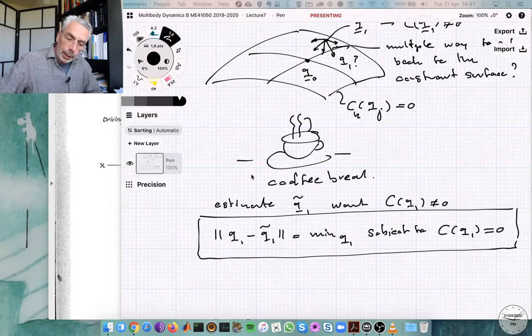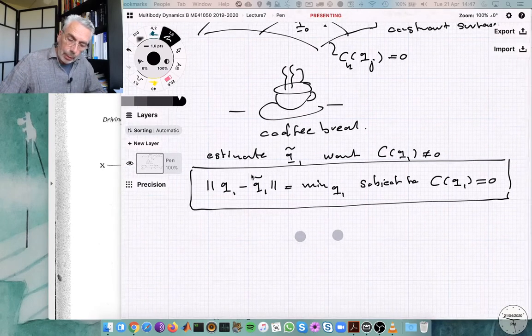Now, if we didn't have this subsidiary condition, then minimizing this distance is of course easy. Then Q should be Q tilde, and the norm is 0 and it's minimal. But we have constraints, so we have to solve it with the constraints.